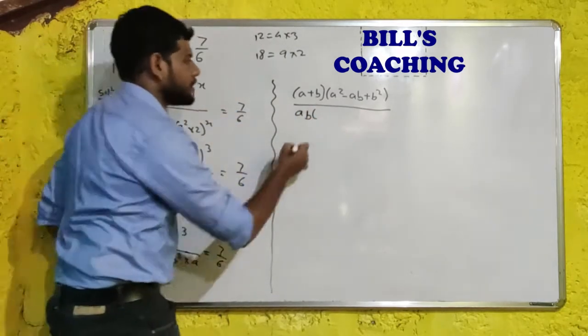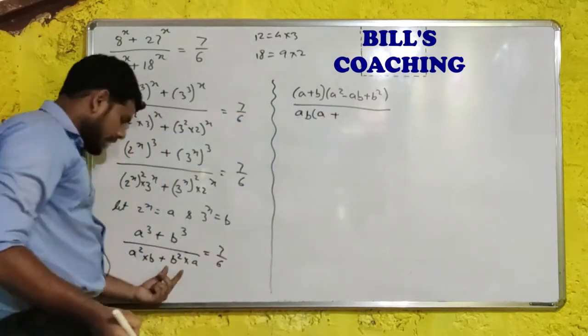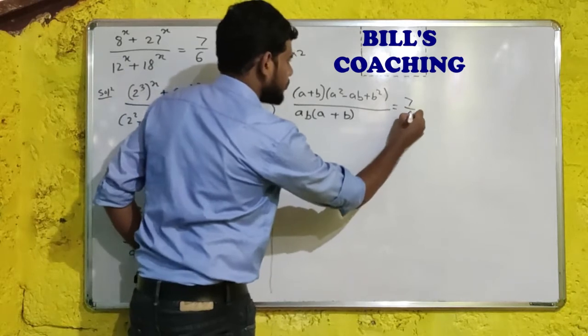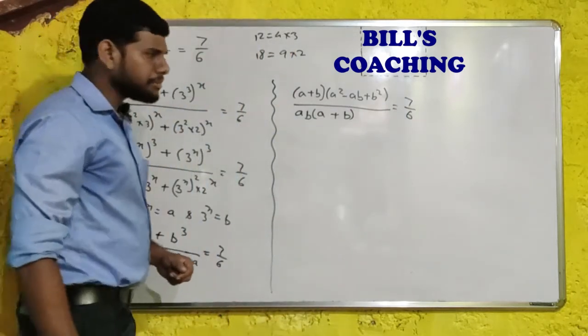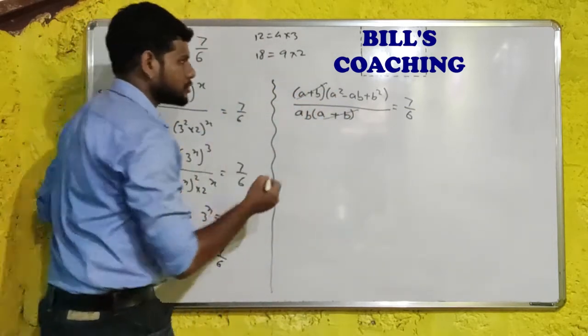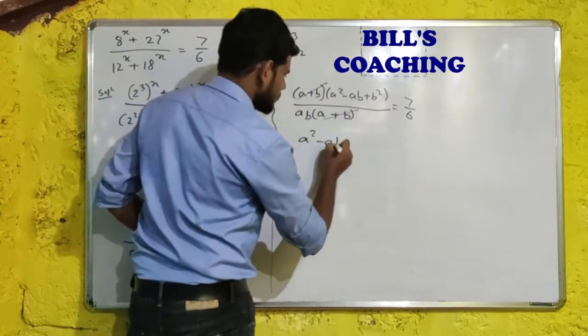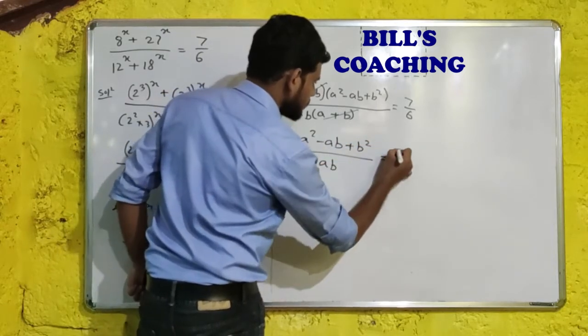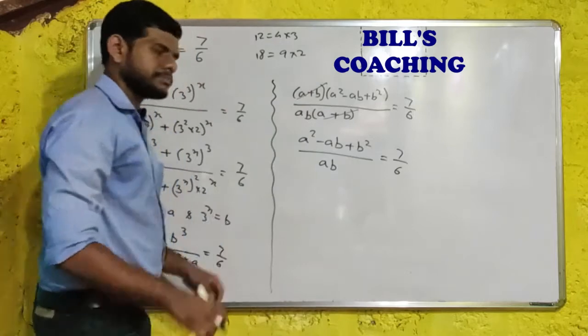Now we can cancel out this term, so what remains is a square minus ab plus b square upon ab is equal to 7 upon 6, correct?